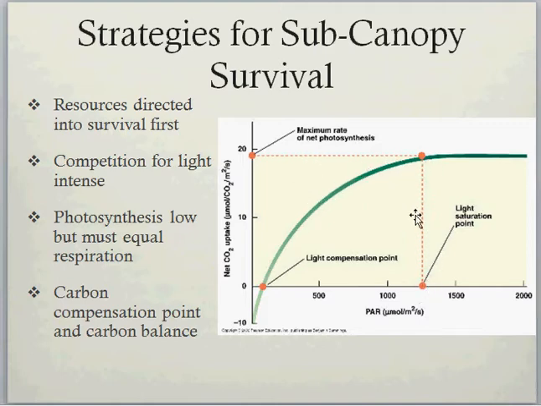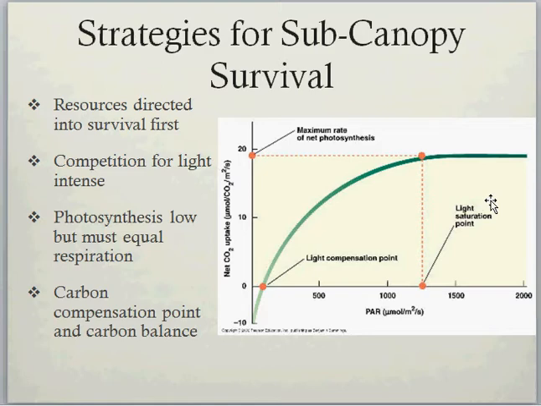So this shade-adapted plant would not be able to take advantage of high light levels as a plant which is more adapted to higher light levels would be able to.